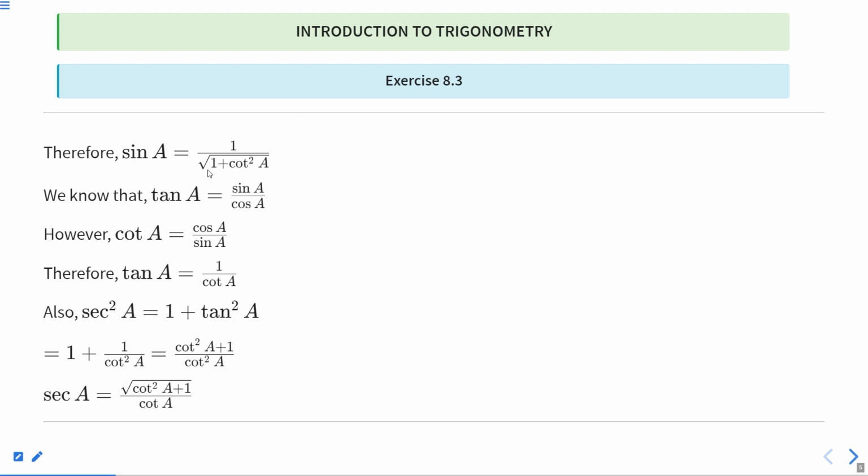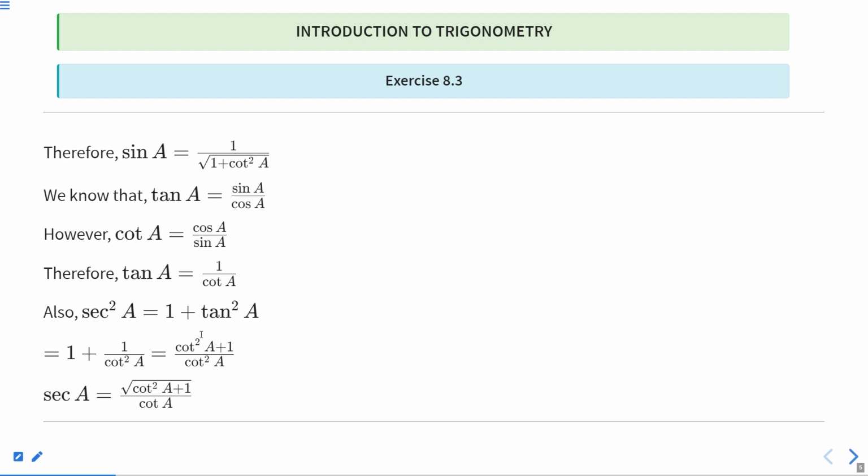Okay, so here sin A is equal to 1 by square root of 1 plus cot square A, and we know that the trigonometric ratio tan A is equal to sin A over cos A. However, cot A is basically the reciprocal of tan A. So cot A is equal to 1 by tan A, which is equal to cos A divided by sin A. Therefore tan A is equal to 1 by cot A. Okay, now sec square A is equal to 1 plus tan square A. We know this identity.